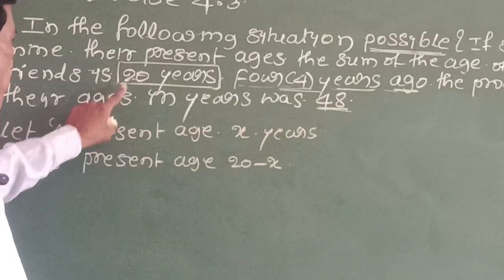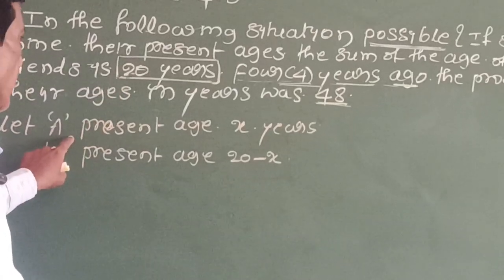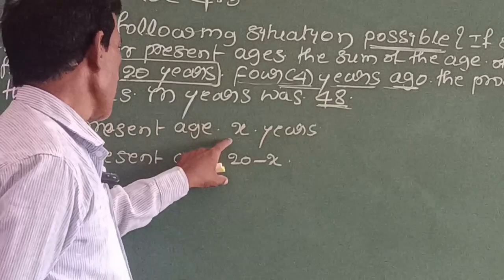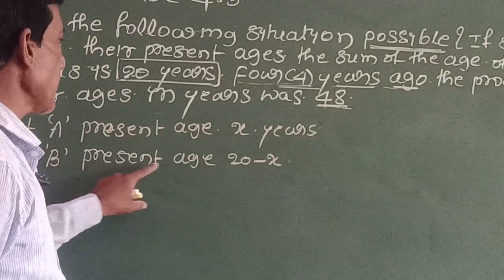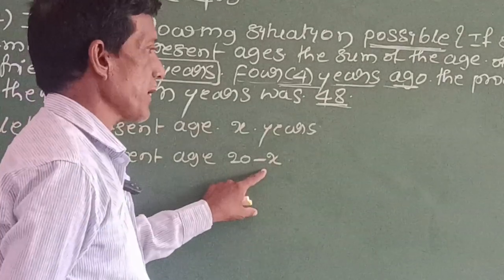So A's present age is X, and his friend B's present age is 20 minus X.